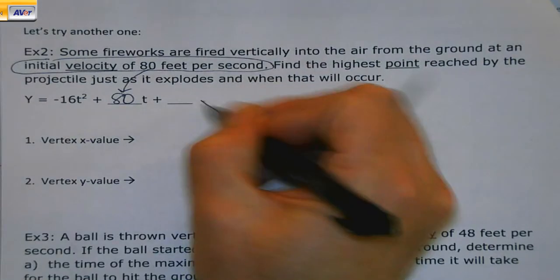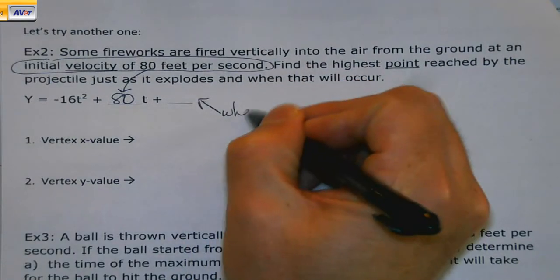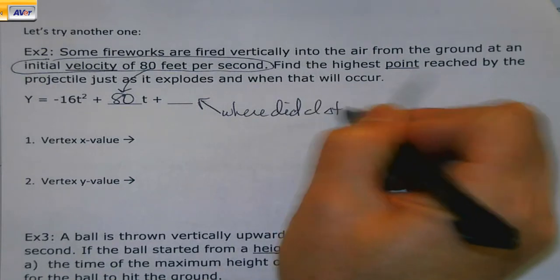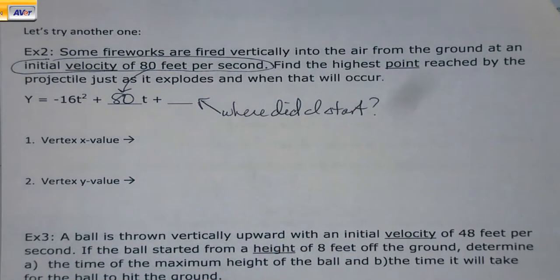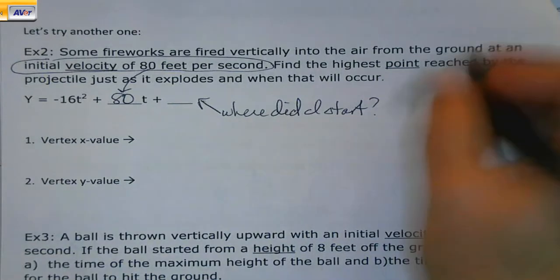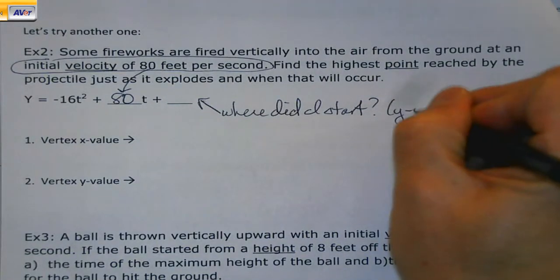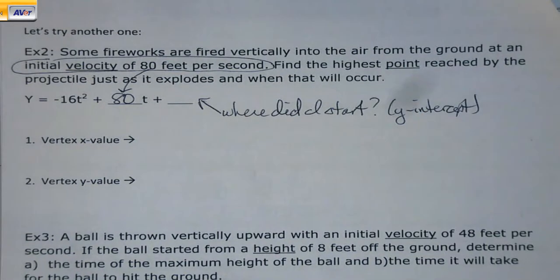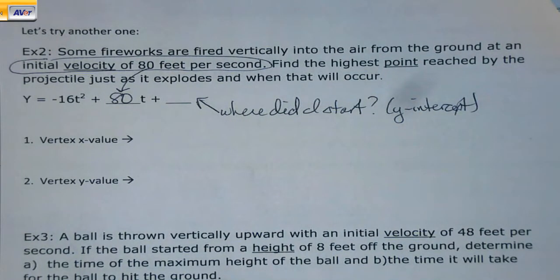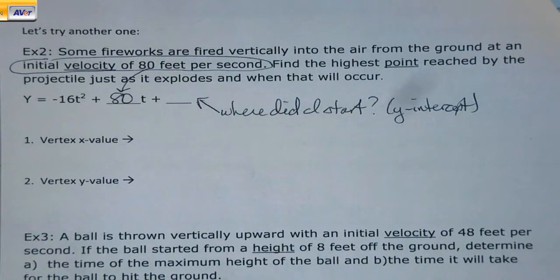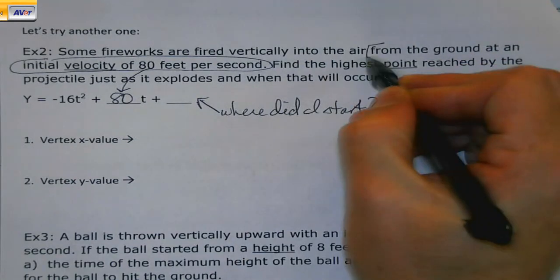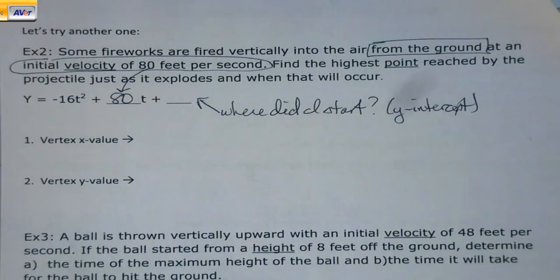This value on the end is where did I start? Oftentimes, it's going to be your y-intercept. That could come in handy sometime. So you're like, okay, where did I start? Some fireworks are fired vertically into the air from the ground.